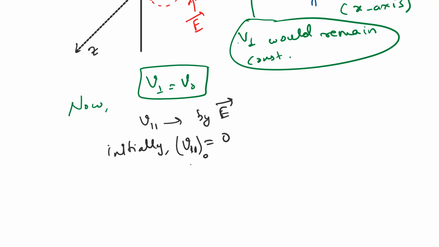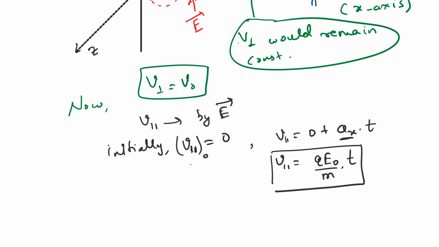Now at any instant, V parallel can be given as 0 plus a along the x-axis into time. The acceleration along the x-axis would be given by the electric field, Q E naught, force divided by mass, into time. So this would give you V parallel.